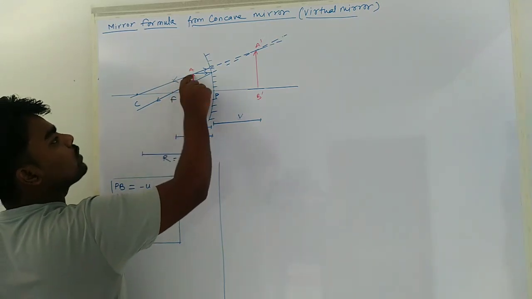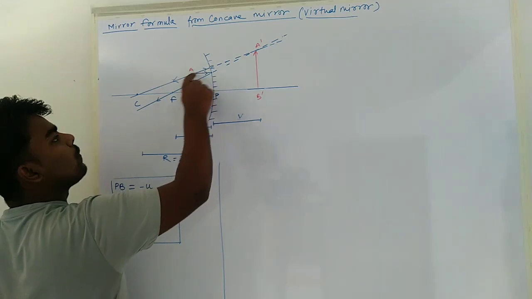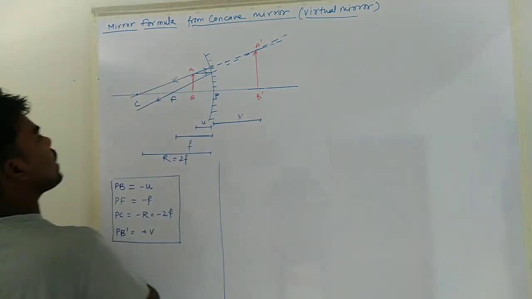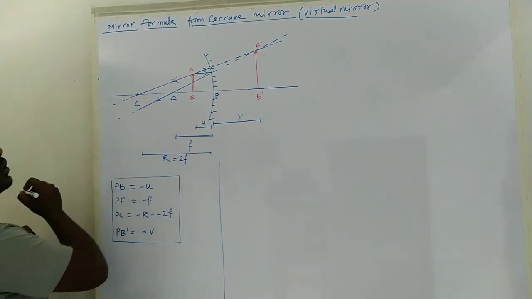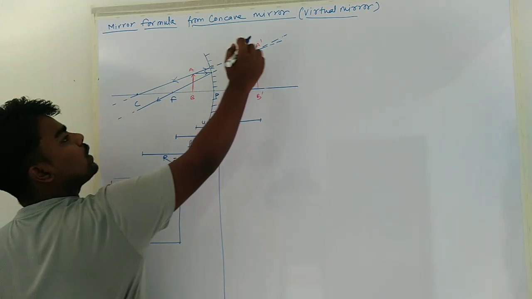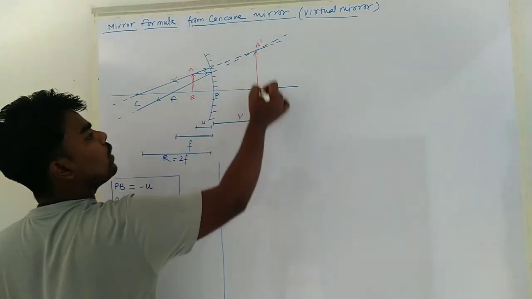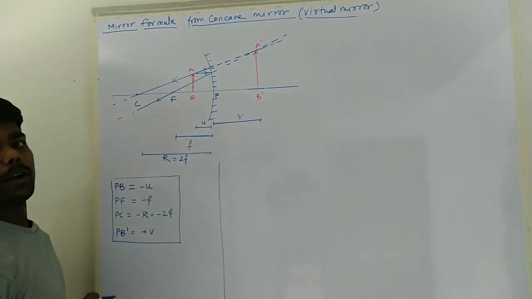The second ray goes through the center of curvature, so it will reflect back along the same path. These two rays are not going to intersect here because both are divergent, so they appear to intersect at this point where the image is forming, which is known as A dash B dash. So that is our diagram.